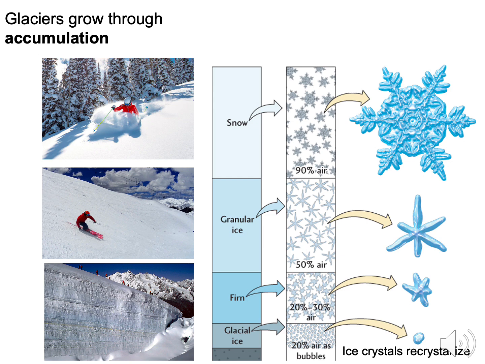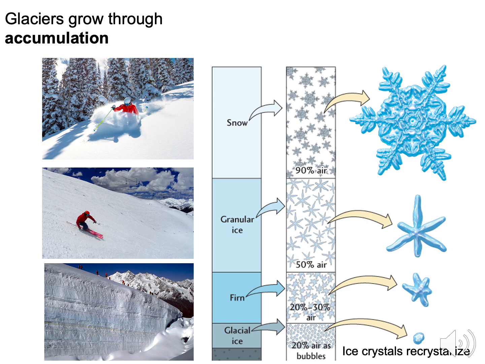In glacial ice, the ice recrystallizes, and we can see that these ice crystals get progressively smaller as we move from snow to granular ice to firn to glacial ice. So with the formation of glacial ice, and all of these steps of first forming snow, then granular ice, then firn, and then glacial ice, this is a great example of how glaciers grow.